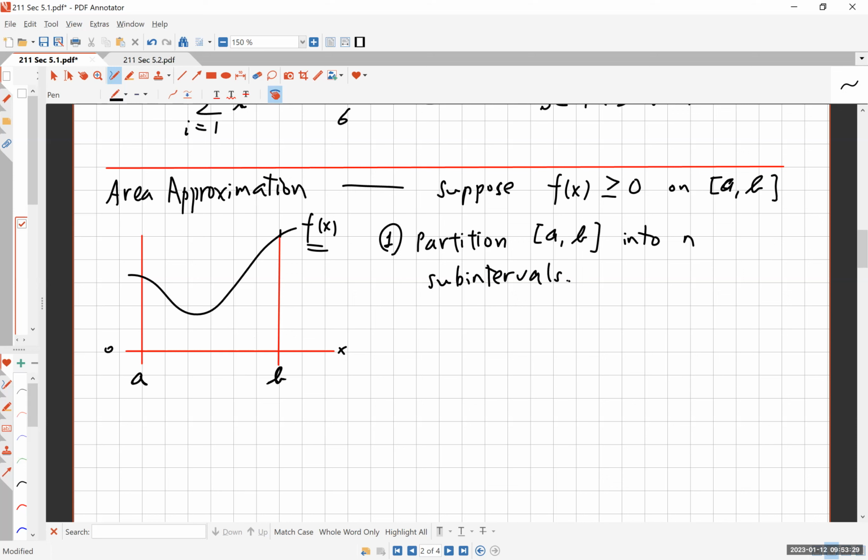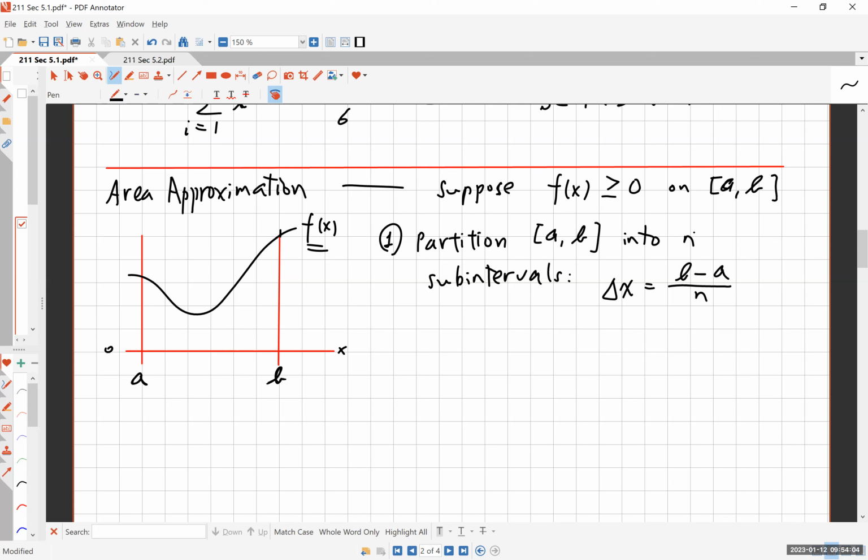Now, in general, in order to define what is called the definite integral, which we will study more formally in the second section, we don't have to have each of these subintervals of the same length. But it is much easier, for the purposes of introducing these new ideas, if we make these subintervals all of the same length. So we let delta x, the length of each subinterval, be b minus a divided by n.